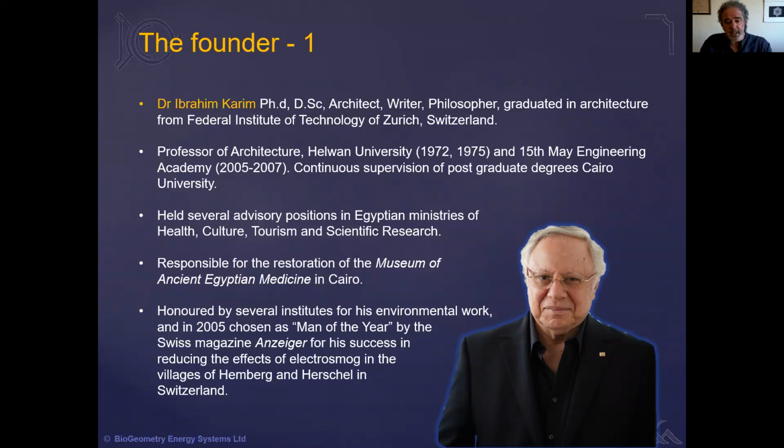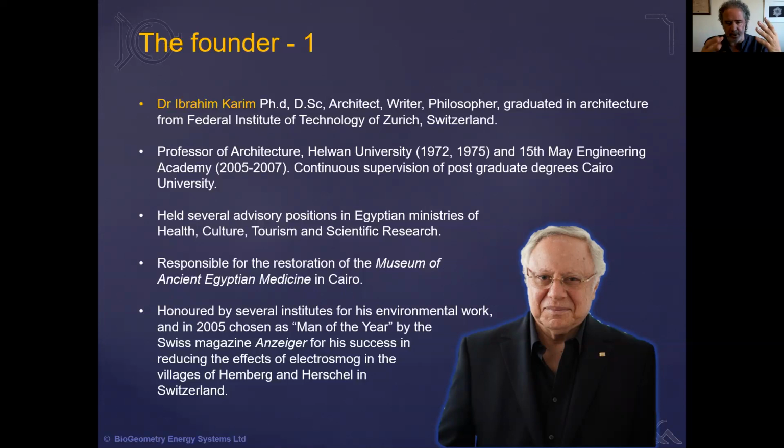Now, he has been honored by several institutes for his environmental work, and in 2005 was chosen as Man of the Year by the Swiss magazine Anzeiger for his success in reducing the effects of electrosmog in the villages of Hamburg and Herschel in Switzerland. Now, this is a very important project in biogeometry. It's a project which has been dubbed by people who lived in that village as the Miracle of Hamburg.